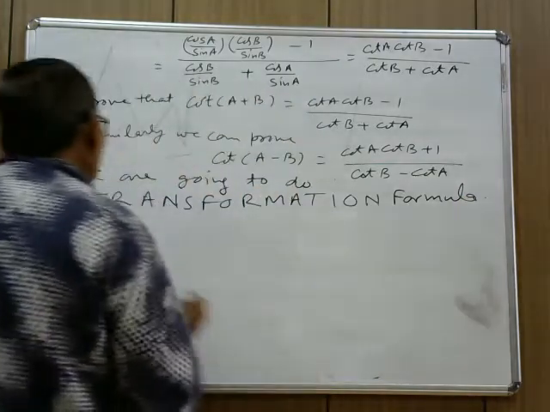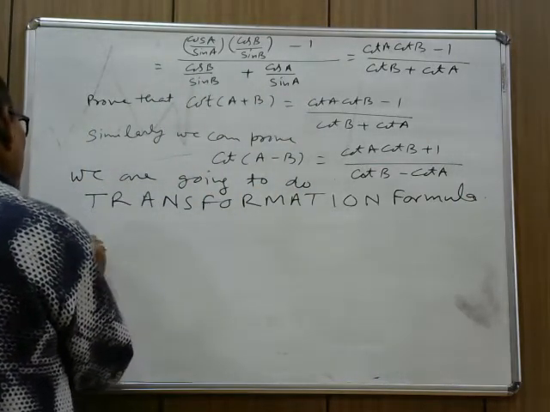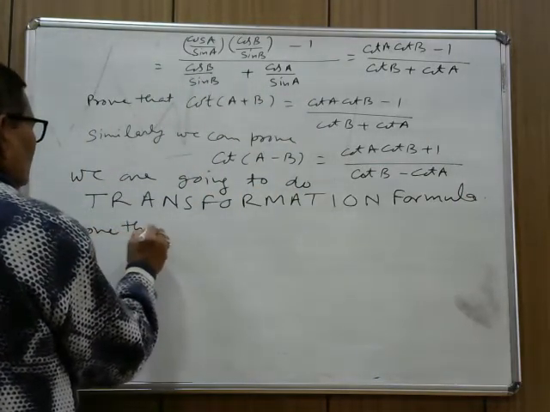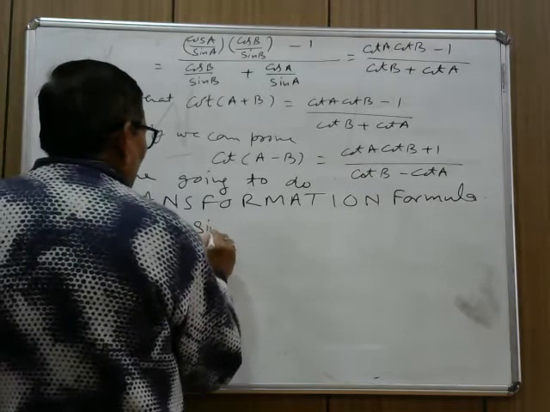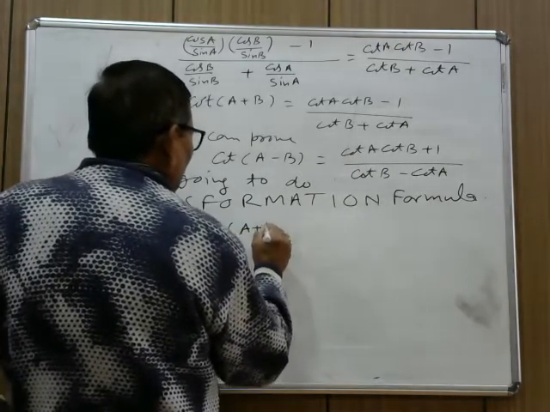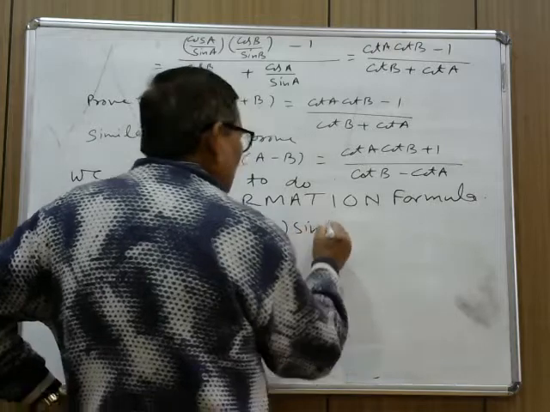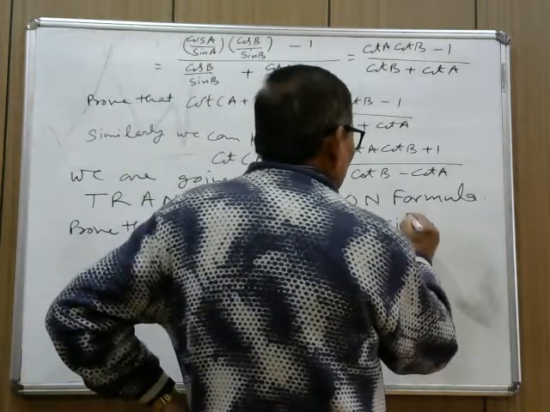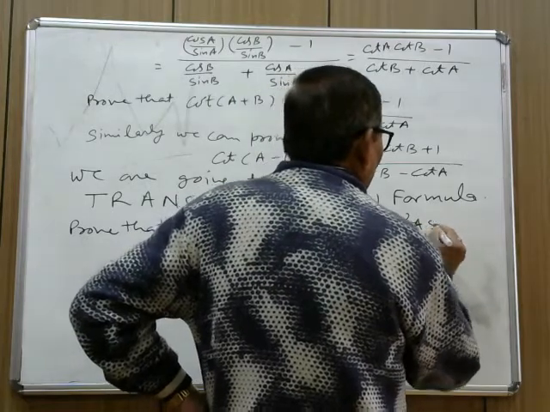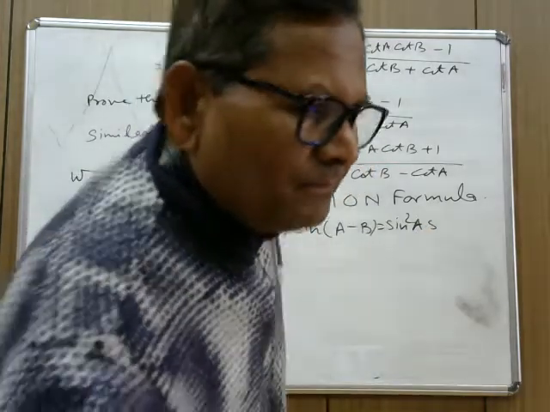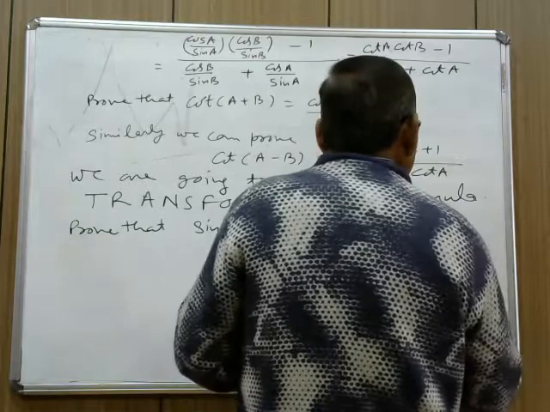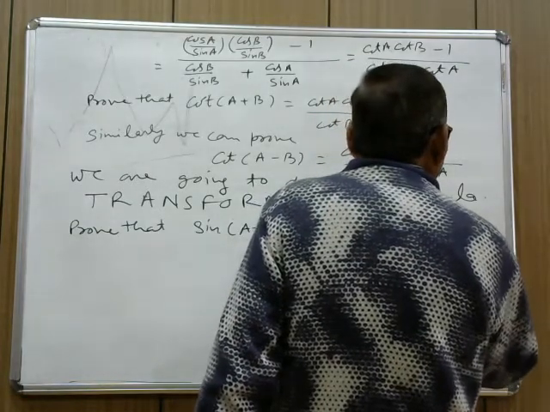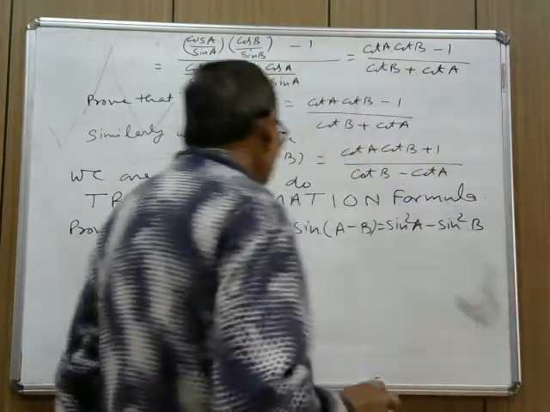First transformation formula. Prove that sin(a plus b) into sin(a minus b) is equal to sin square a minus sin square b.